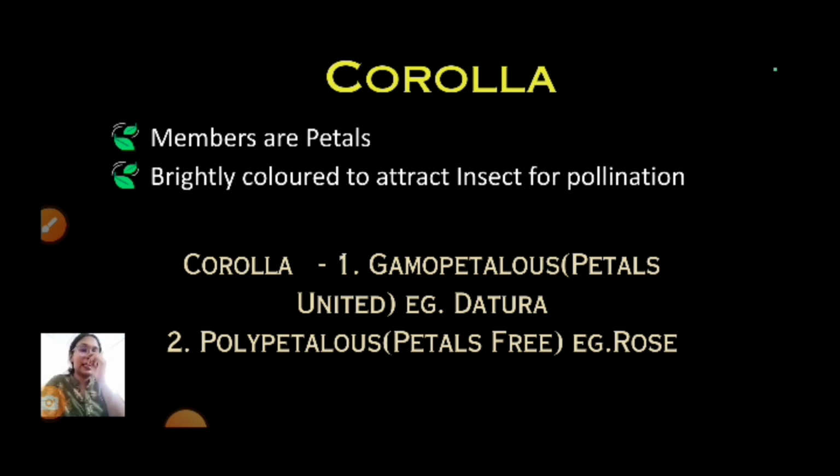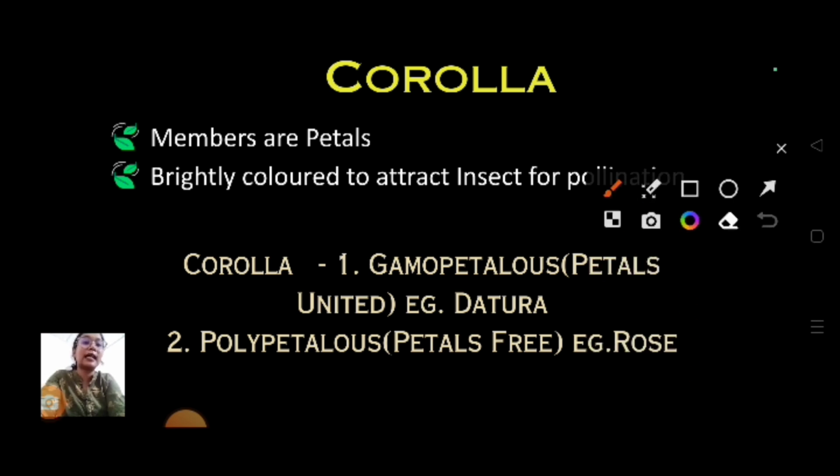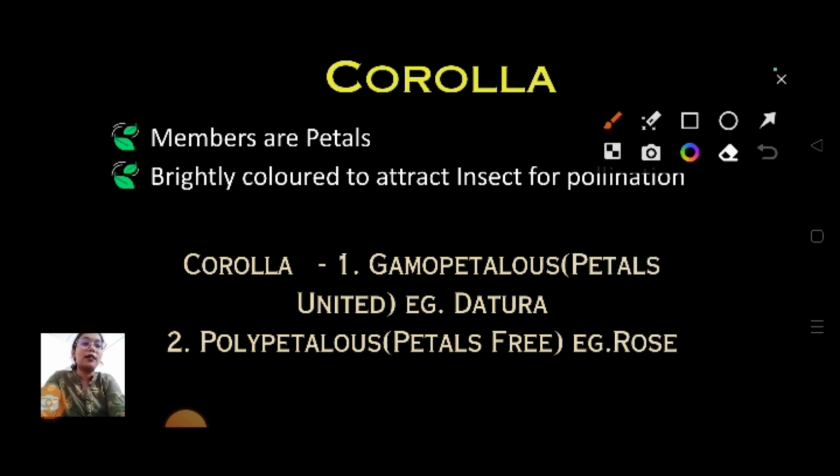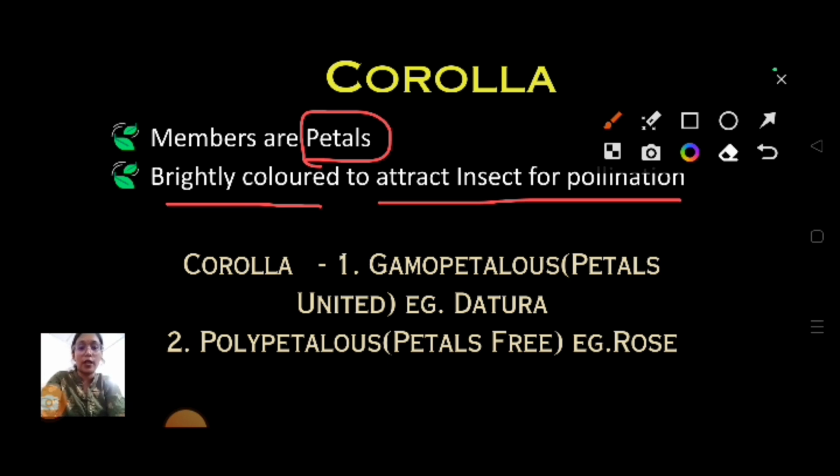Okay. Then come to the corolla. The members of the corolla are the petals. They are brightly colored to attract insects for pollination.